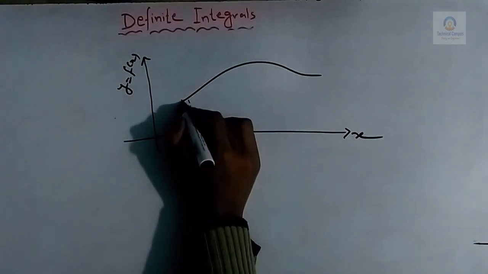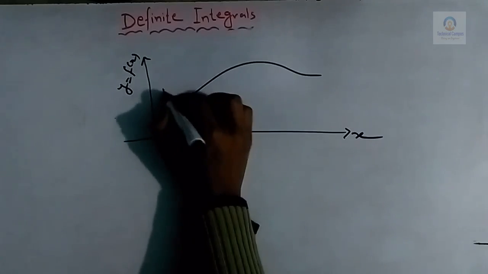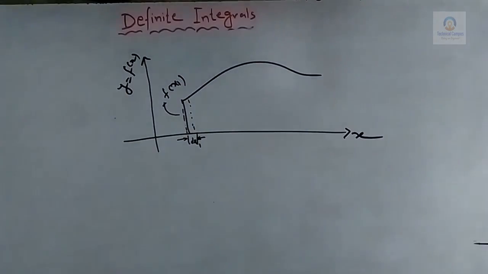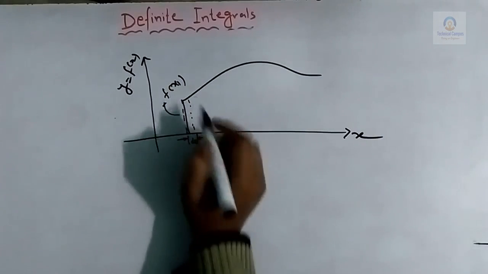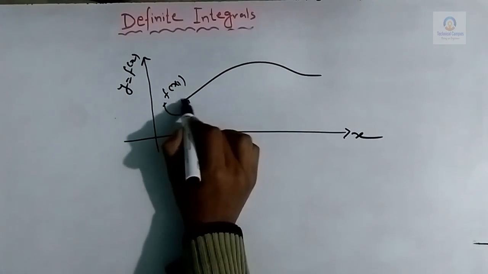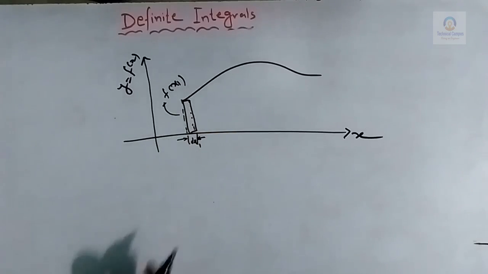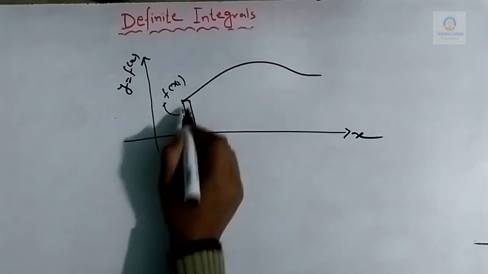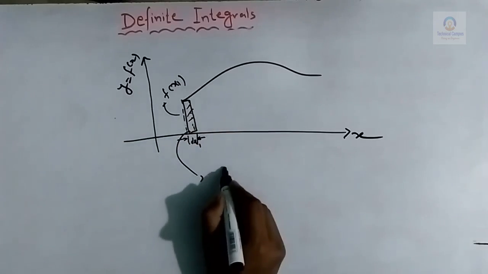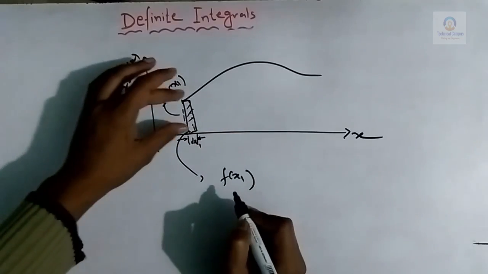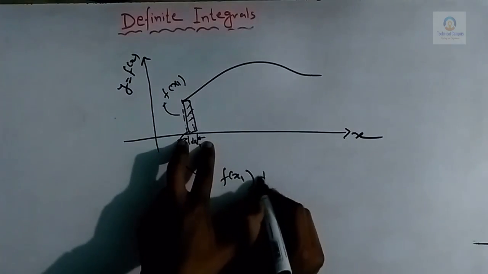Suppose this height is f of x1. If we consider the small element, then this portion somehow looks like a straight line, so you can notice that this is a rectangle. If we want to calculate the area of this rectangle, then the area will be f of x1, that is this length, into this width, that is dx1.